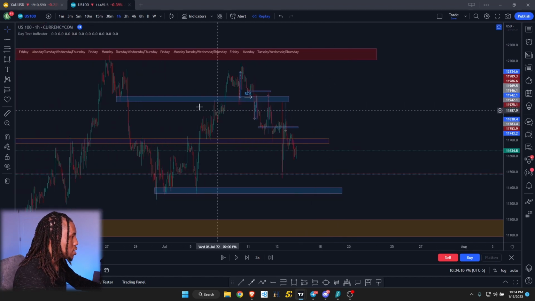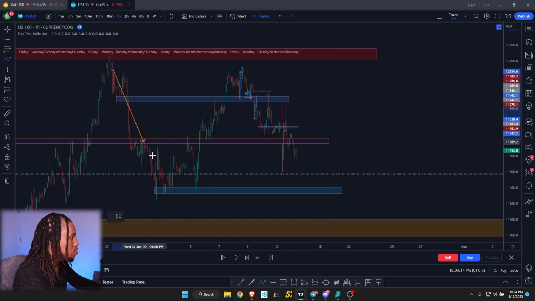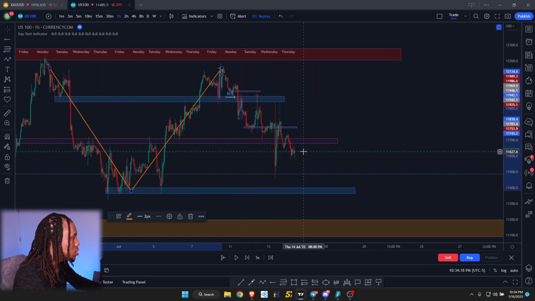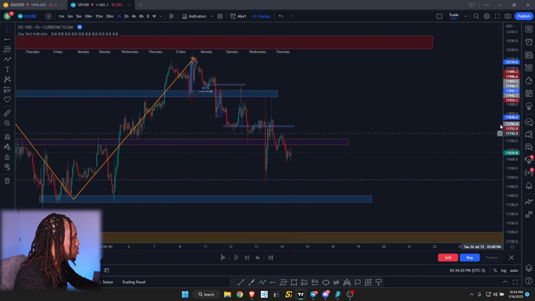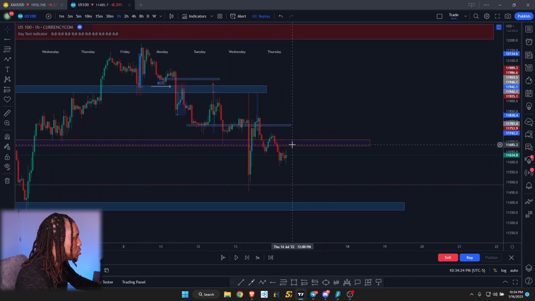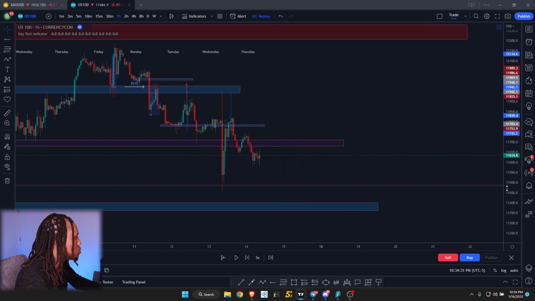So looking at the flow of the market, we have an impulse, correction, and then a continuation. We'll be looking for sells. So at this level here, let me just erase this, I want to see price tap into this level. If it does, then we'll look for sells down to the low side.